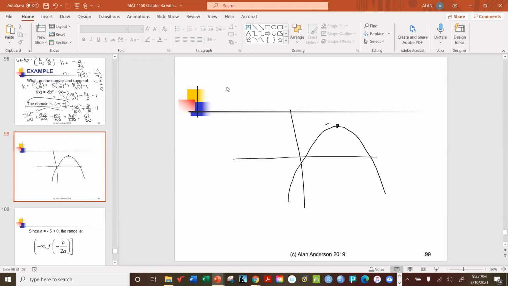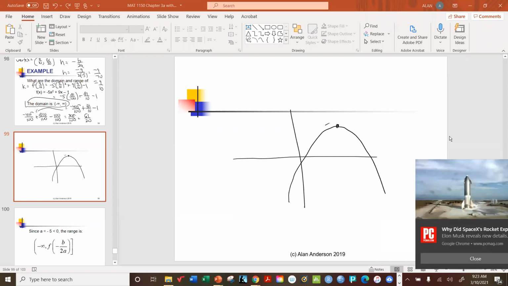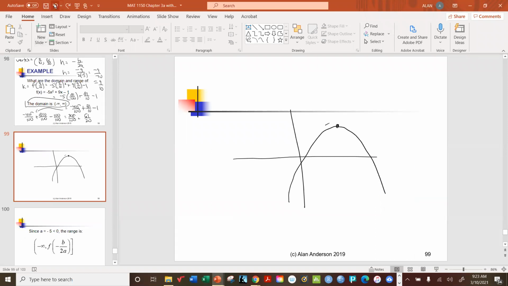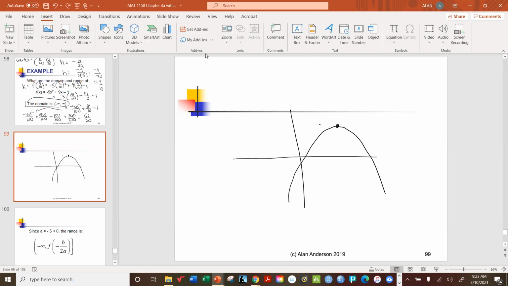All right, here's our vertex. All right, hold on one second.